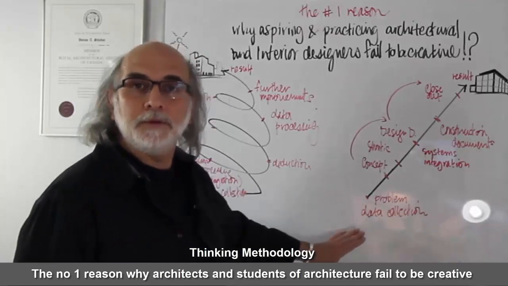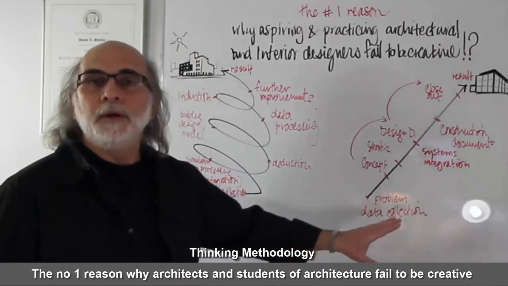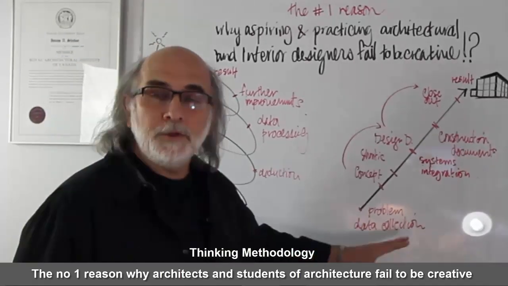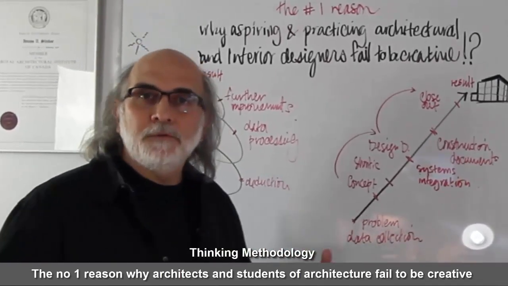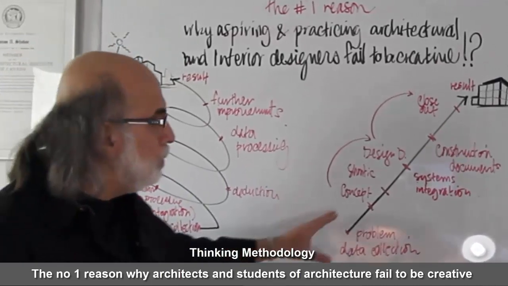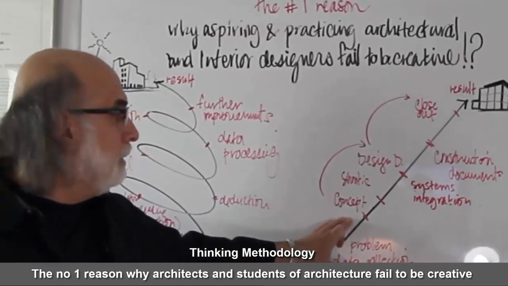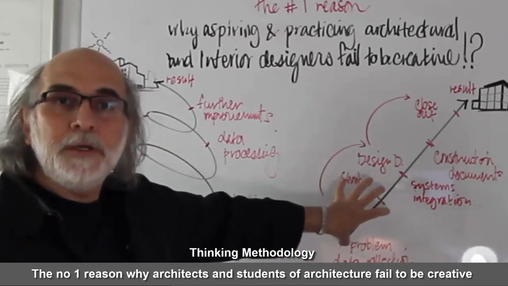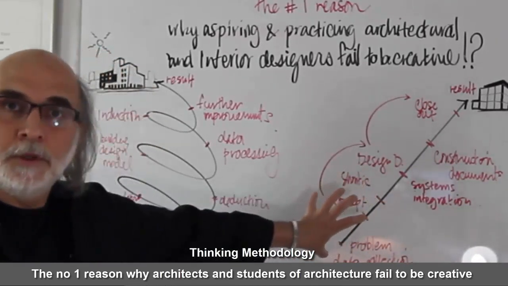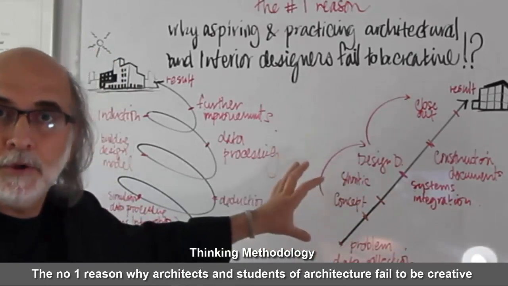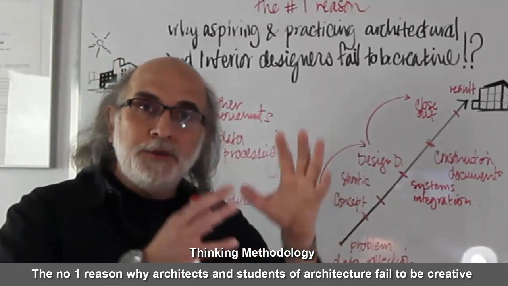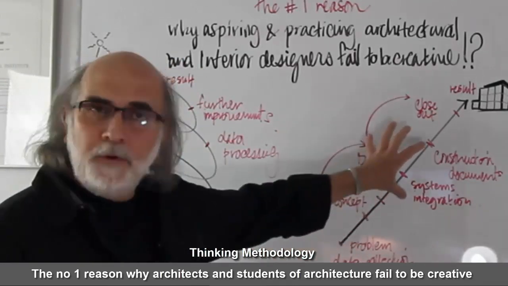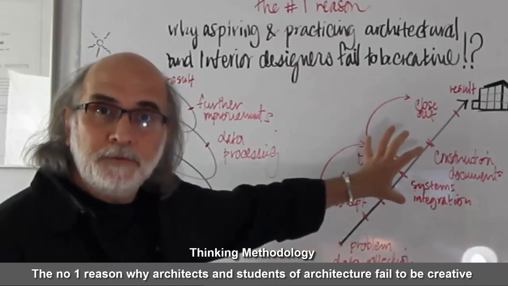You go to a site, you analyze a program, you do research, and you try to collect as much information as possible as a designer, and then you move on to the conceptual design, which is part of the schematic design. Once you finish that and you have a concept of some sort, sometimes there's no concept, you just lay out the different elements of the functions of the program, and then you move on to the design development phase.